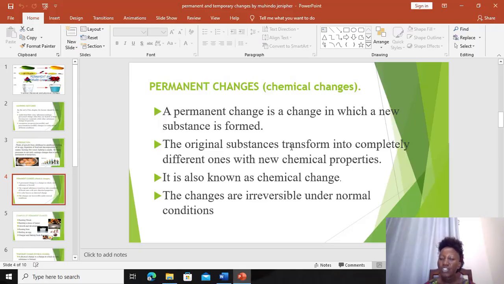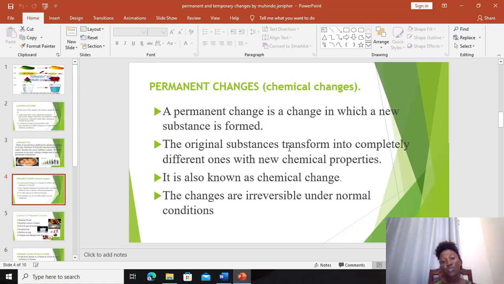The original substance transforms into a completely different one with new chemical properties.